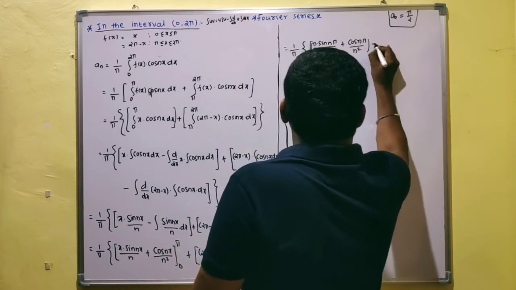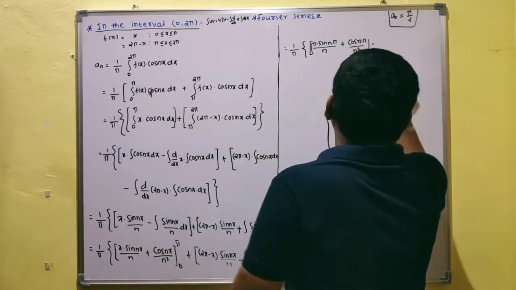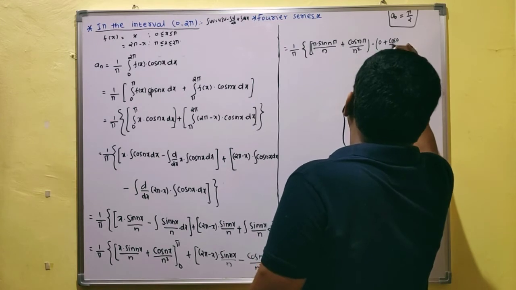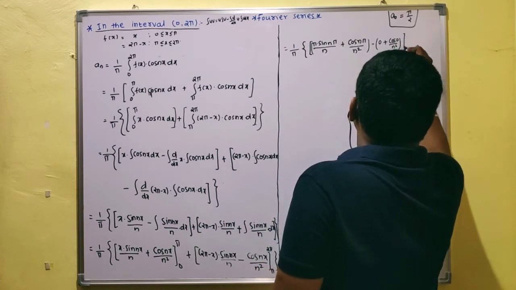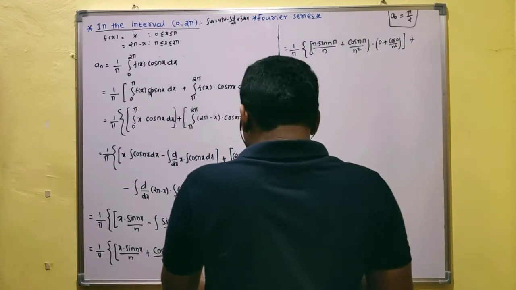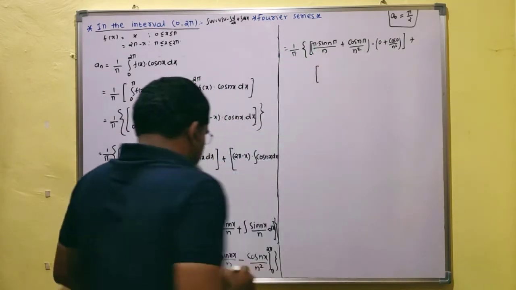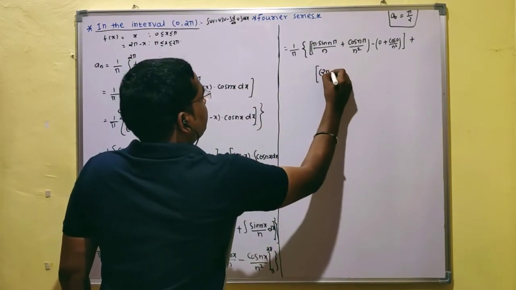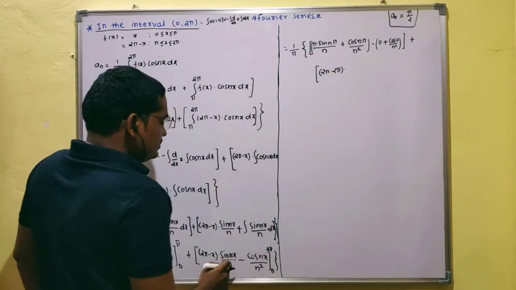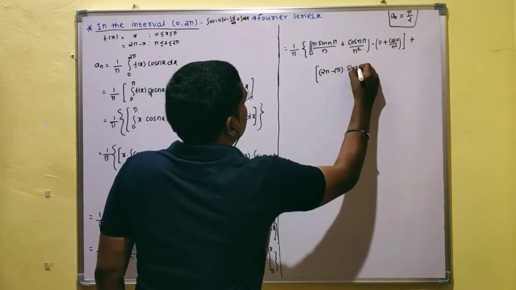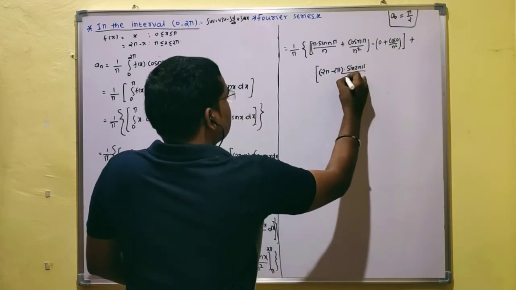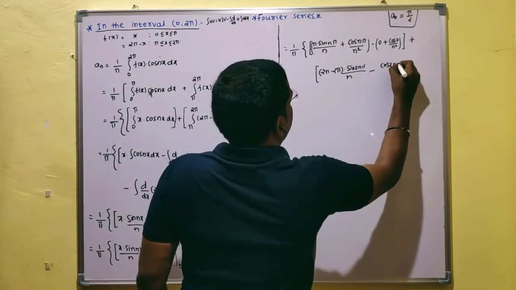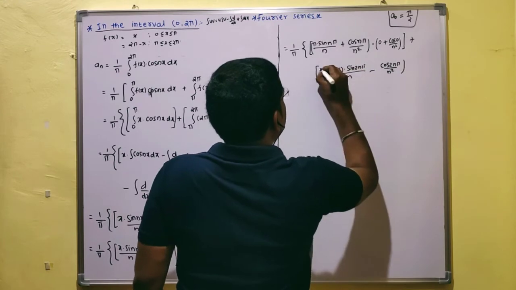Now by putting the lower limit, the value here is 0, in this lower limit 0, plus cos 0 upon n square. This bracket is complete, this curly is complete, plus, now after putting here, 2π minus 2π into sin 2nπ divided by n, minus cos 2nπ divided by n square. This is our upper limit.